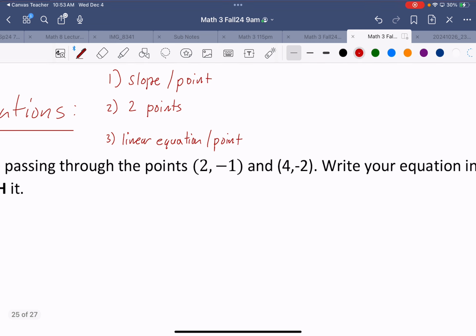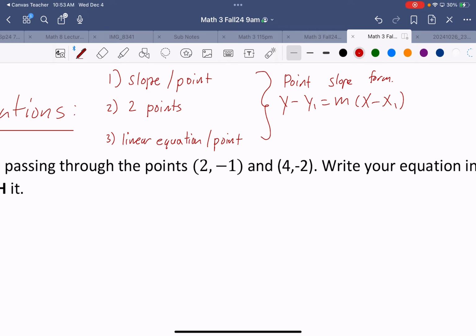So for all these situations, we use the formula y minus y sub 1 equals m times x minus x sub 1, right? This is the point slope form.